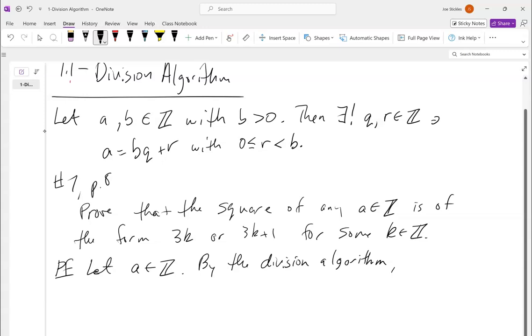Well, the division algorithm says that if I want to divide A by something, there exist unique Q and R, where R has a certain property, right? So by the division algorithm, there exist unique integers Q and R such that A is equal to 3 times Q plus R, because again, we're going to divide by 3 in this case, right?